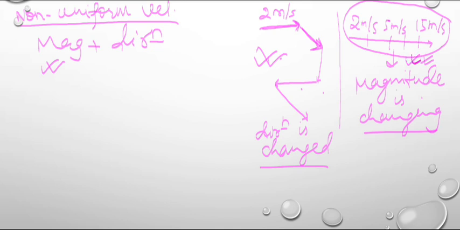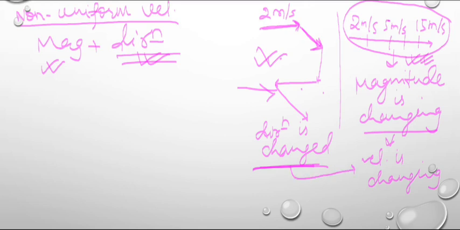Therefore, in this case, the velocity is changing. And we can also consider the change in velocity if the magnitude is constant but the direction is changing. As in this example, the direction of the object is changing. Therefore, in this case also the velocity is changing.